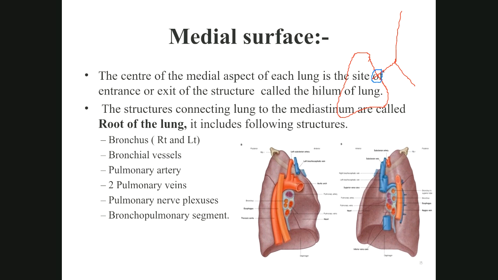The trachea is going inside the lung, and some of the blood vessels are coming outside the lung. That area is called the hilum.